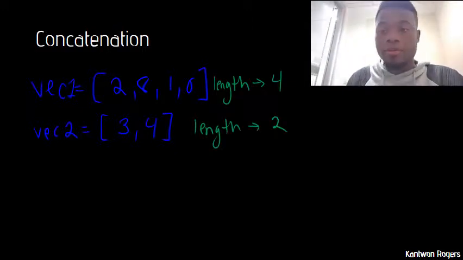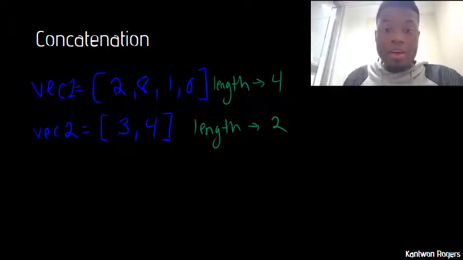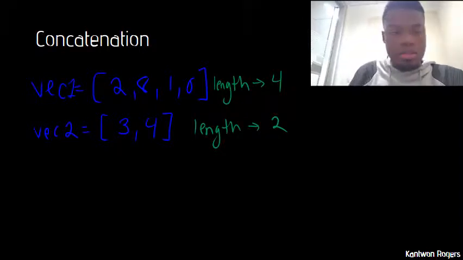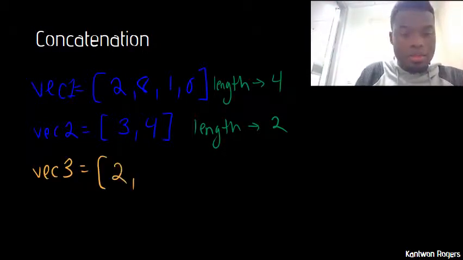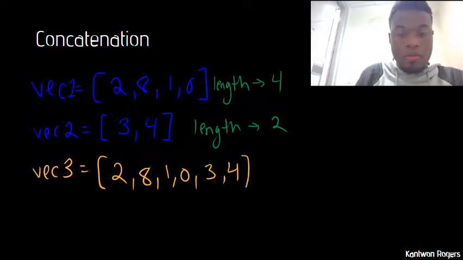There's only 2 values. Now let's say I wanted to create a new vector called vec3 that looked like this. So 2, 8, 1, 0, 3, 4.